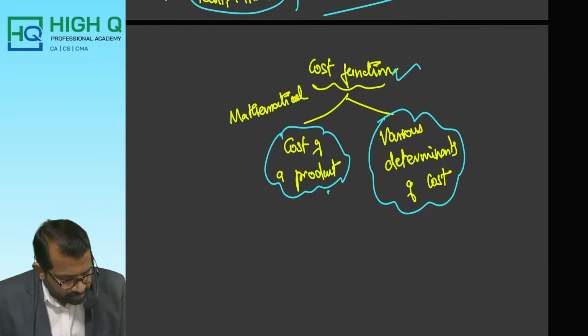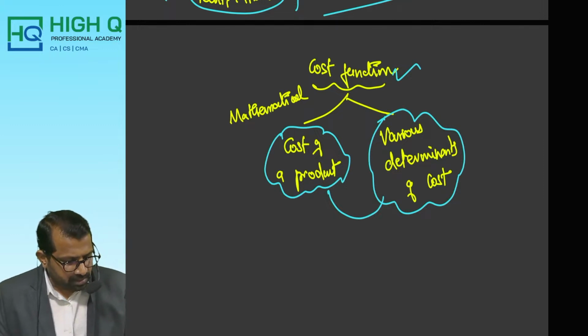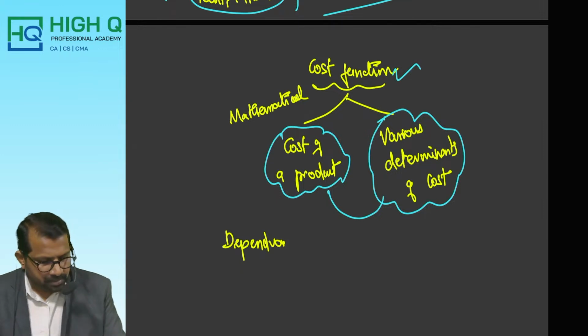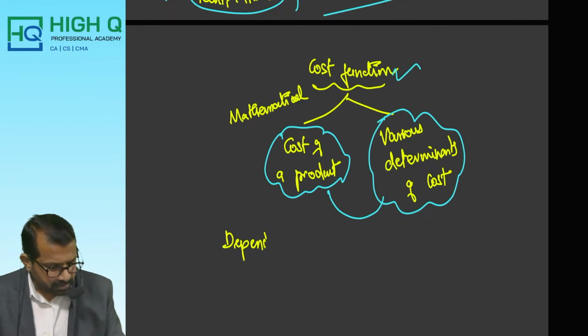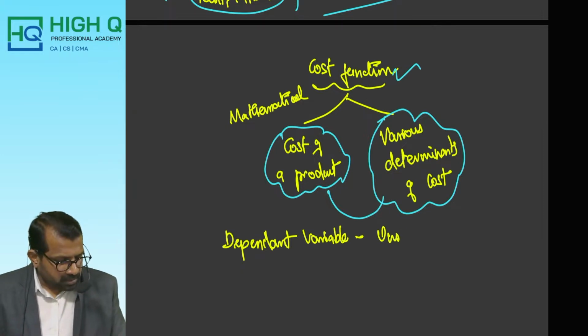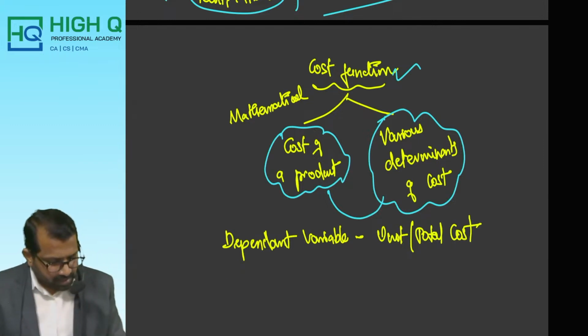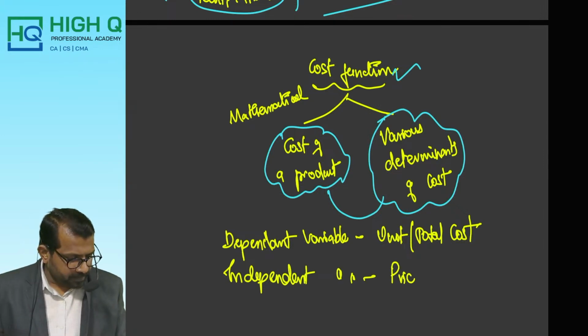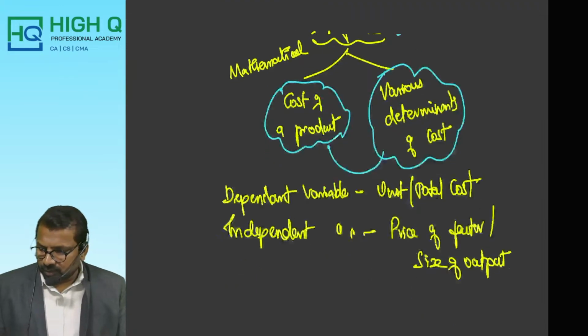How will this relationship work? The dependent variable is unit cost or total cost. In the same way, the independent variables are the price of factor or the size of output.